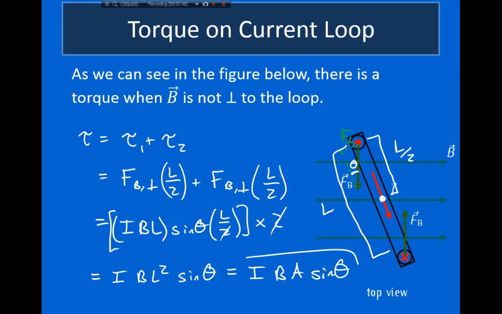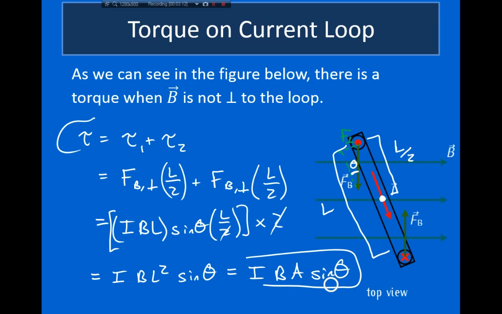And it turns out that the total torque generated by the magnetic force exerted on a current carrying loop is always given by this formula. So here we consider this square-shaped current carrying loop. However, if we considered another shape, like a circle or something like that, the torque generated by that magnetic force is still given by this formula here, IBA sine theta.